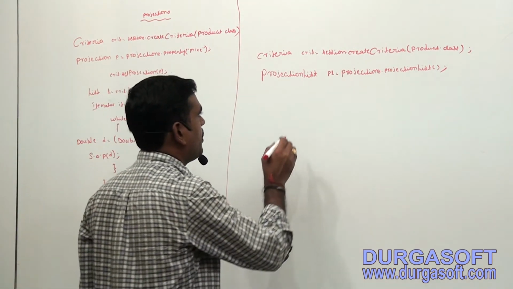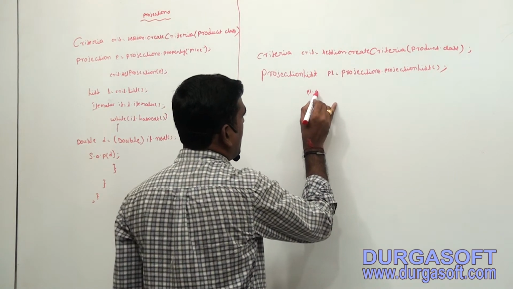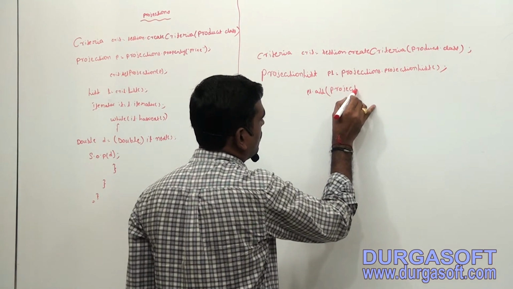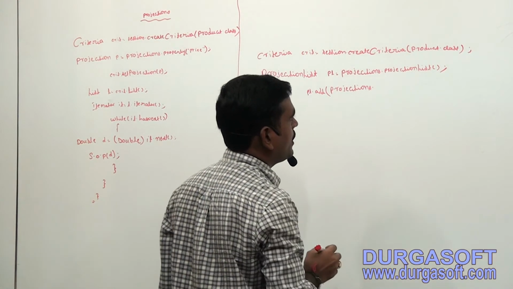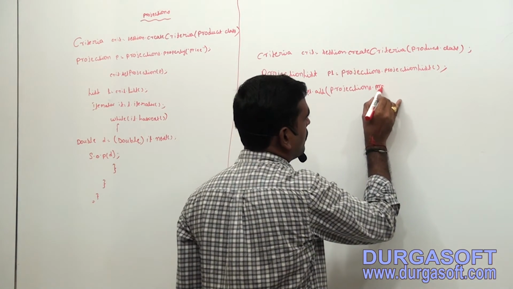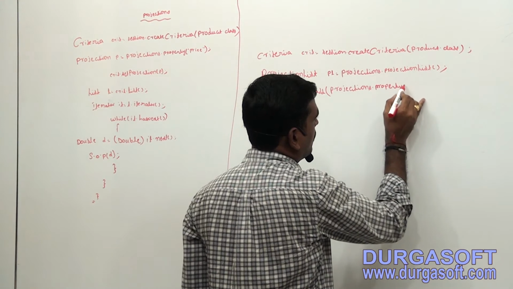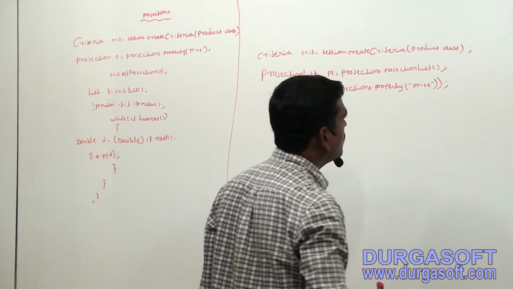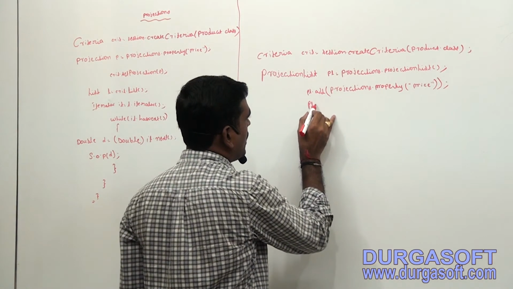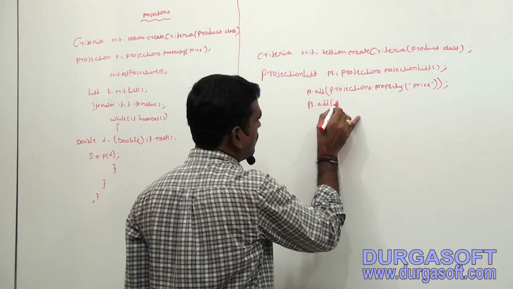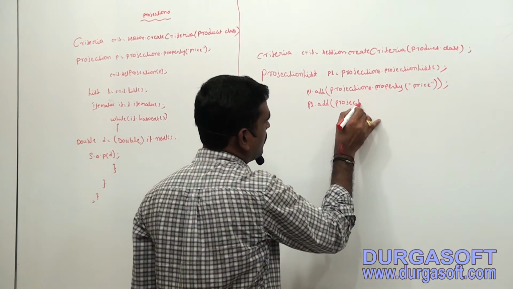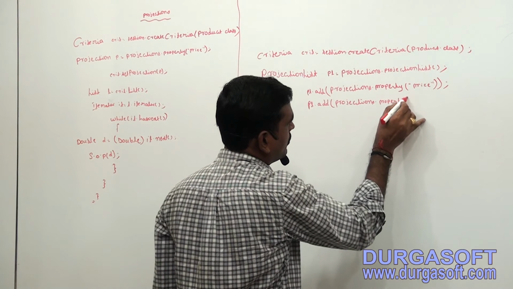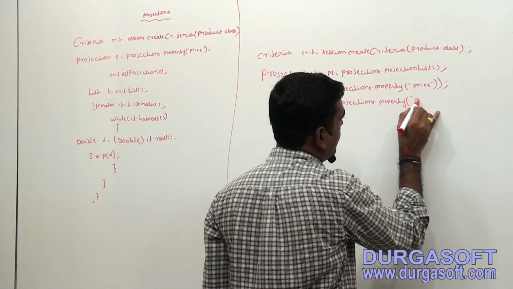Then after that, PL dot add Projections dot property, under that price. Then next PL dot add Projections dot property, under that productName.